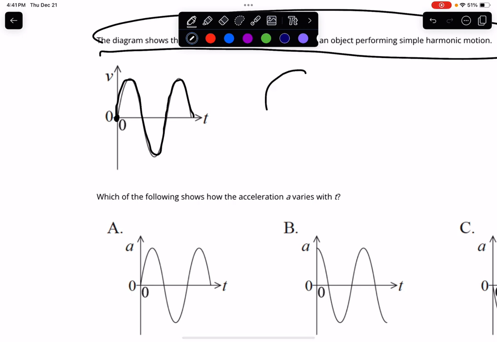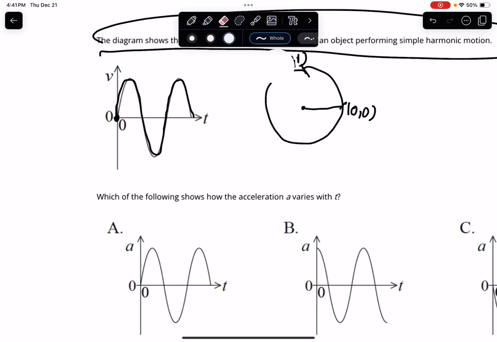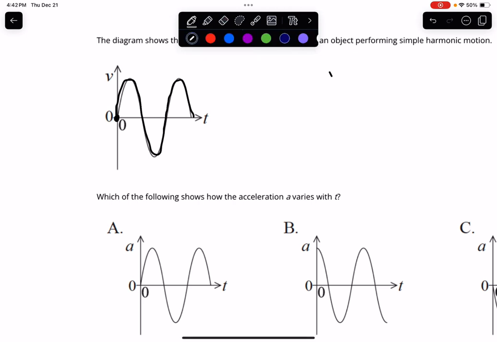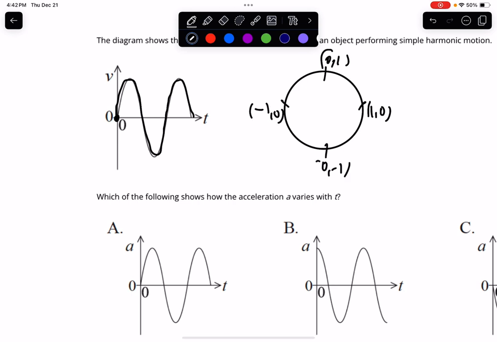The main thing is that you draw the unit circle, and in the unit circle, you draw these points over here. So this becomes (1, 0), (0, 1), (-1, 0), and then (0, -1), and then this is the center.